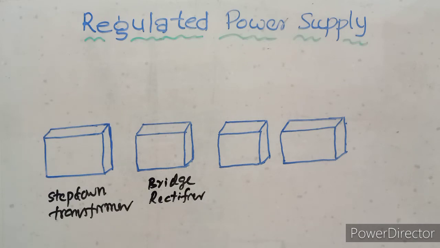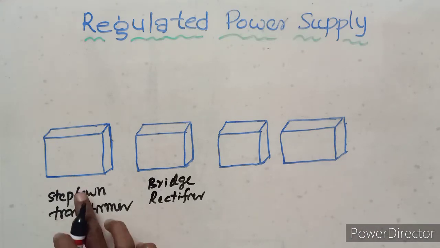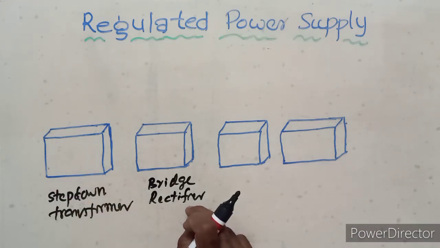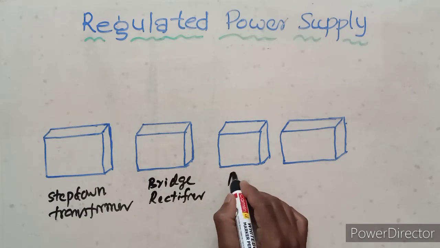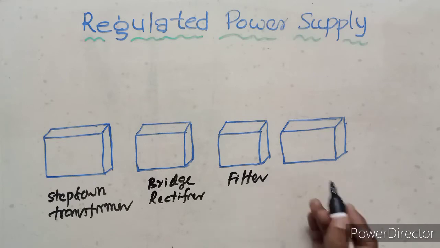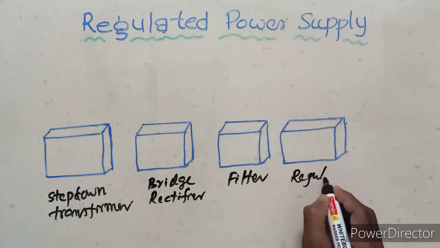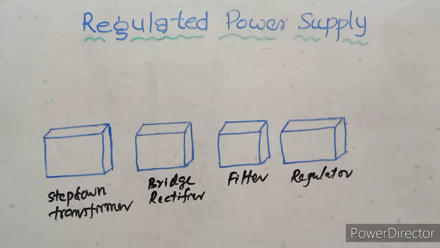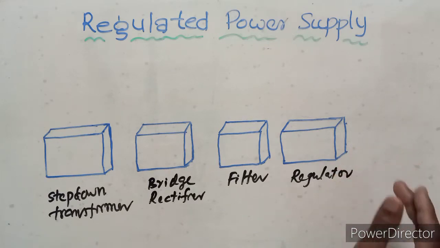Rectifier and filters will be explained in the next lessons. So the first block is the step down transformer, the second block is the bridge rectifier, the third block is the filter, and the fourth block is the regulator. The output of the regulator is the regulated power supply.